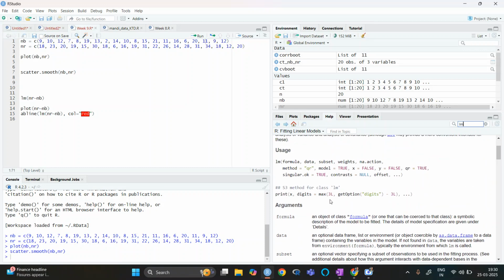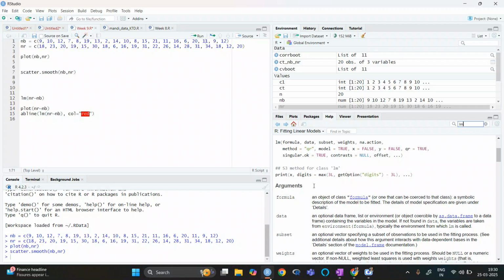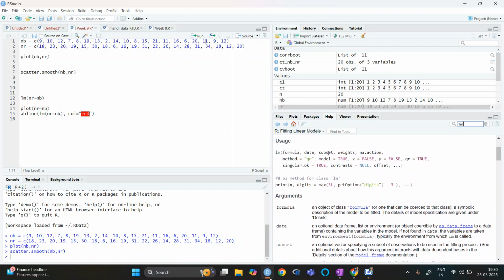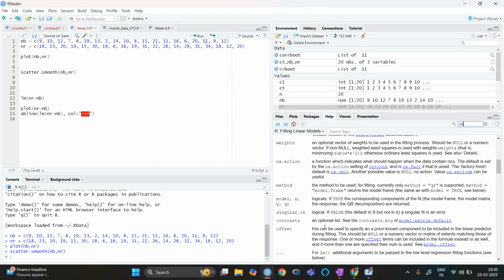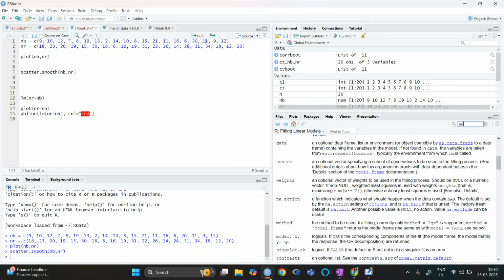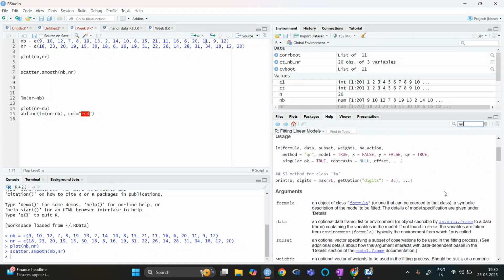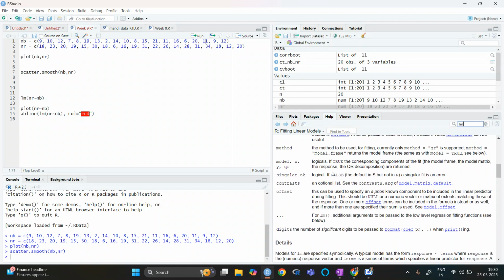Here you can see the formula, the data, whether there is any subset, whether we need to give any weights, and what the method is. The method, you can see, is qr. The model is true, x is false, y is false, qr true, singular.ok, etc.